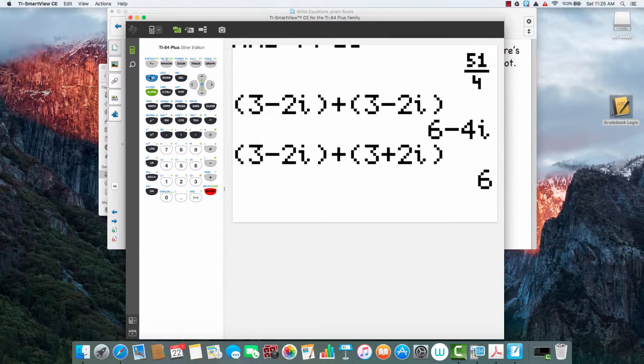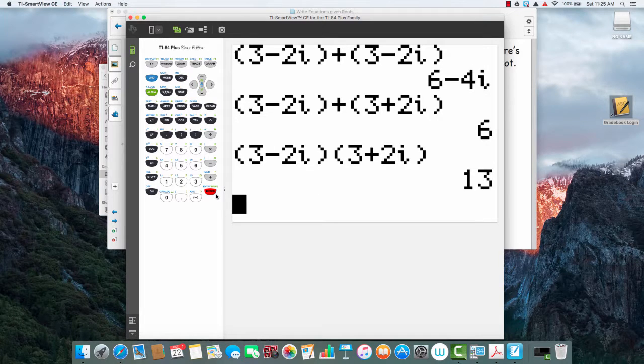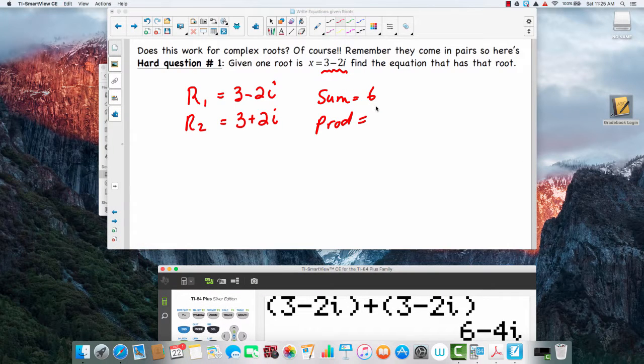Check this out. Maybe I can even use what I just did. I can. I'm going to delete this little plus sign. We're going to keep it into multiplication. Here we go. Delete. Hit enter. 13. So now we can plug it into what we know, right?